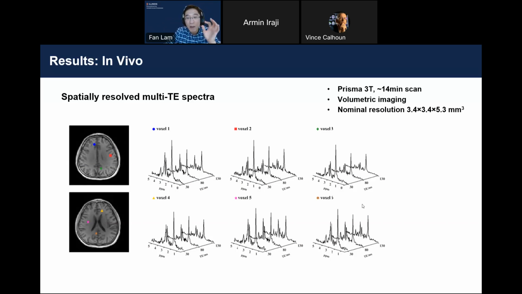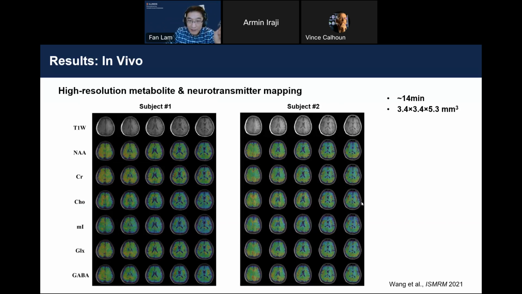And if you optimize the TE parameters as we analyzed, you can optimize for this particular task of simultaneous metabolite and neurotransmitter mapping. Here are the mapping results from 2 different subjects, showing that we can map the metabolite as well as the neurotransmitter components pretty nicely with very high resolution.